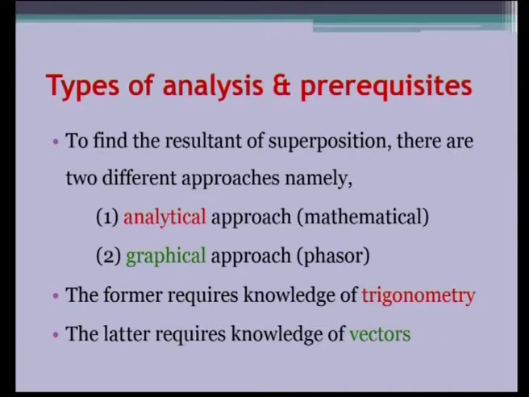In the case of the graphical approach, we call that a phasor method. For the analytical approach, we need to have the prerequisite of the knowledge of trigonometry. The former, that is, the analytical approach, requires the knowledge of trigonometry, and the graphical approach, the phasor, the latter, that is the second one, requires the knowledge of vectors.